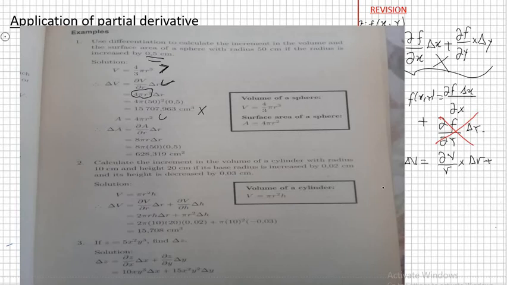So the change in surface area, delta A, is given by the partial derivative of the area with respect to r, multiplied by the change in radius.